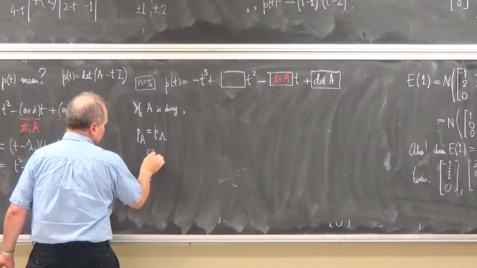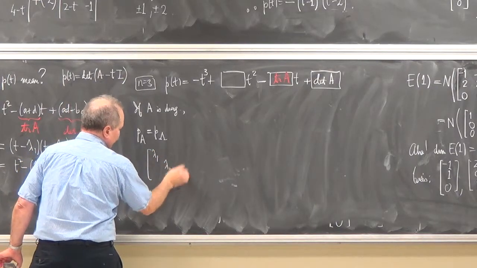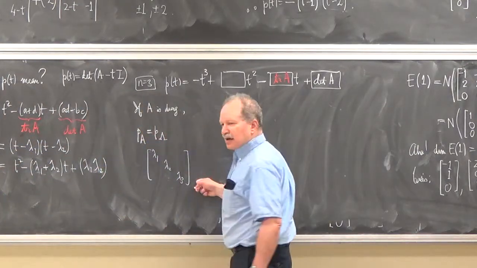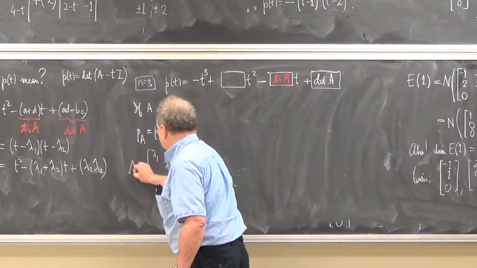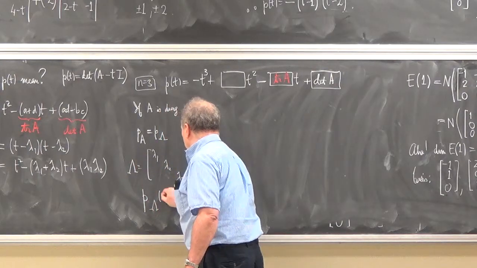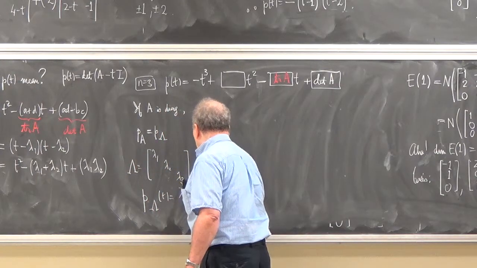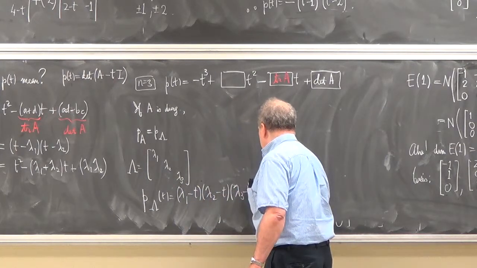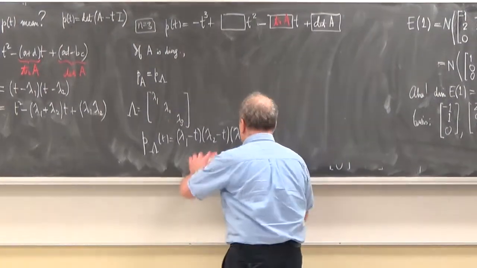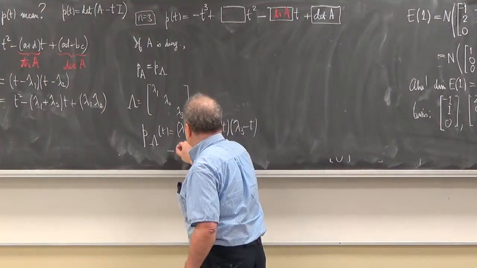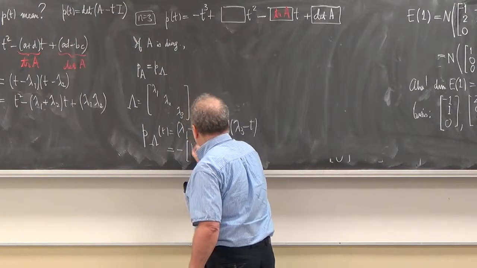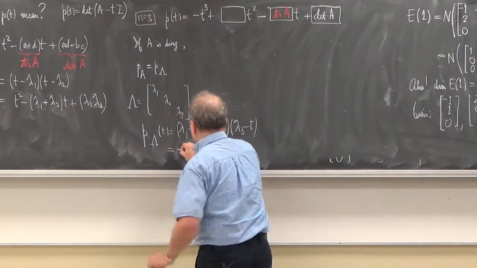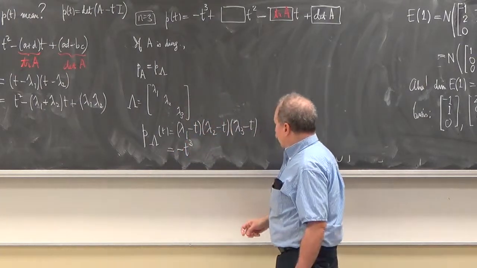For the diagonal matrix, if you take this minus t times the identity, you're going to get (lambda 1 minus t) times (lambda 2 minus t) times (lambda 3 minus t), which gives minus t cubed. How do we get a t squared?